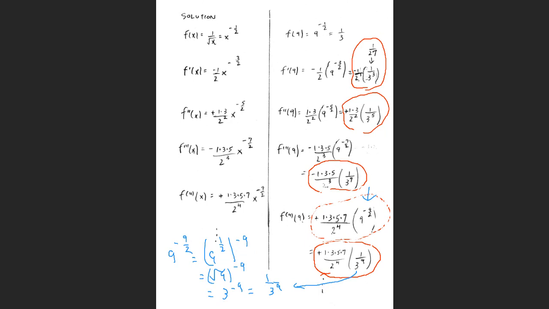So okay, let's go ahead now and proceed forward. Now that we know the first four derivatives, let's put them in. And we end up getting a formula for our Taylor series. That's the formula.